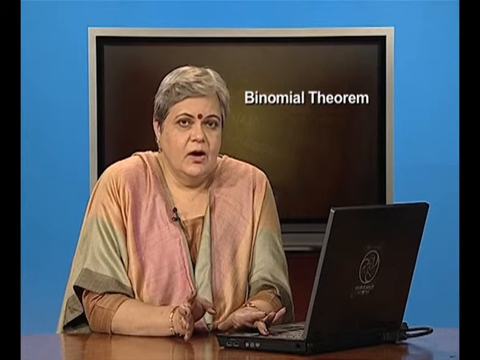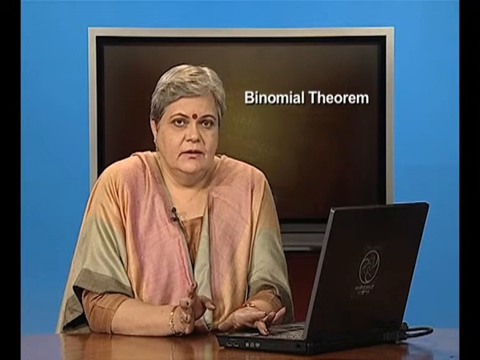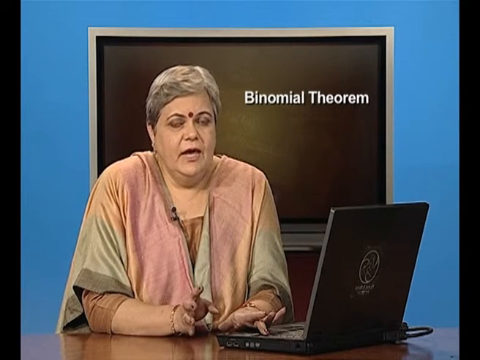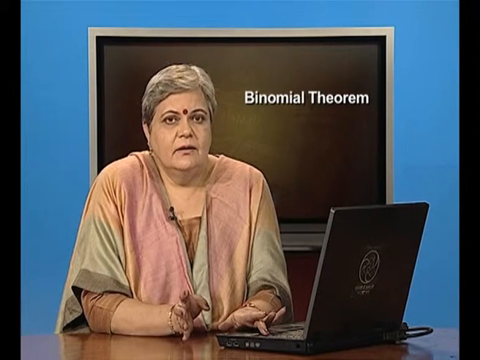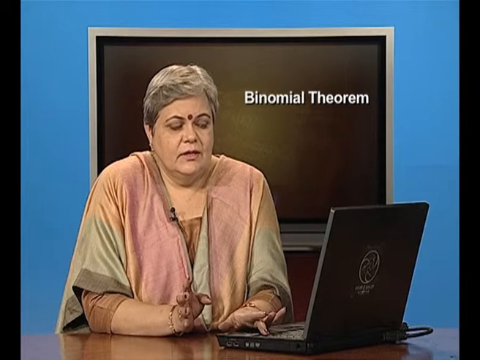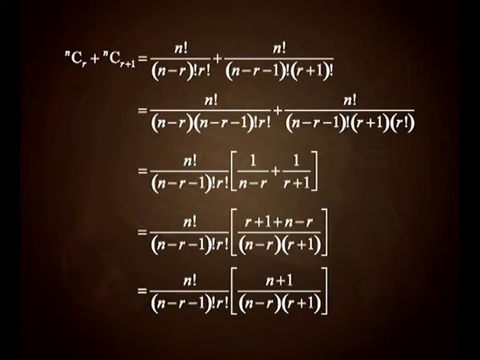I am sure you can now recognize that numerator, because it is product of n plus 1 and n factorial, is nothing but (n plus 1) factorial. In the denominator, (n minus r minus 1) factorial into (n minus r) turns out to be nothing but (n minus r) factorial, and (r plus 1) times factorial of r combines together to be rewritten as (r plus 1) factorial.